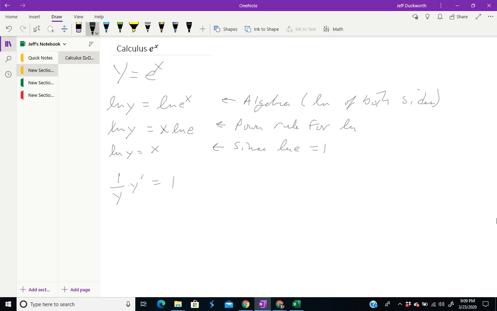All right. As in the previous examples, we want to leave y prime alone, or try to get y prime alone. So here we need to multiply through by y to do so.